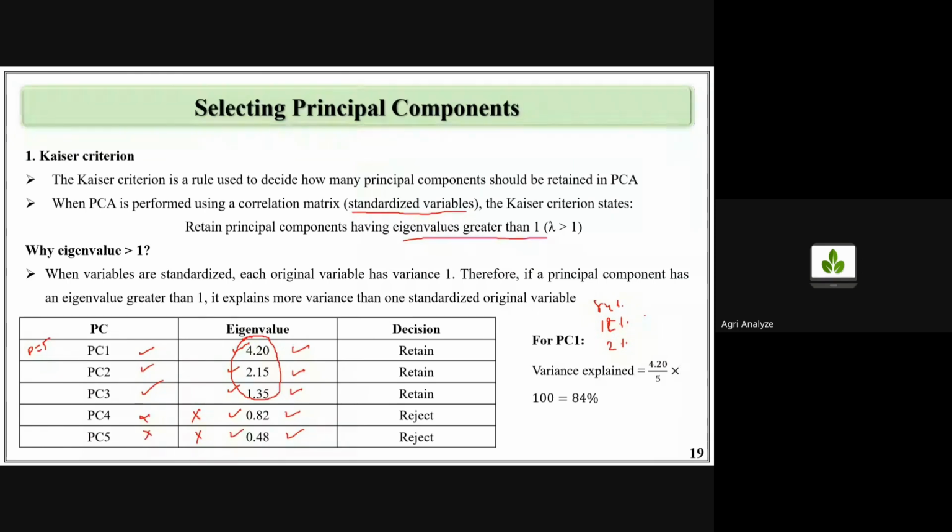After that, 1% is remaining. Out of that 1, PC4 explains 0.8, then PC4 explains 0.1, PC5 explains 0.1.